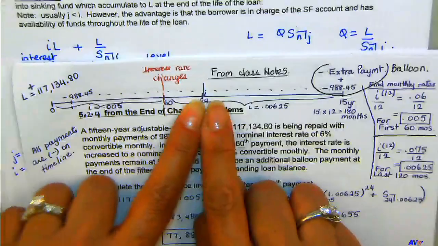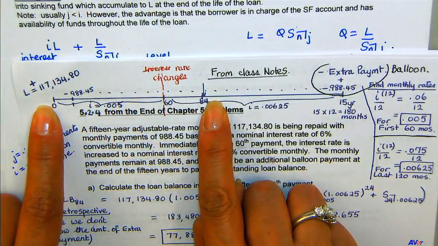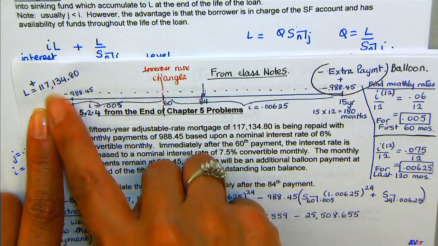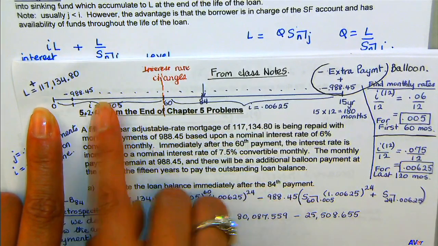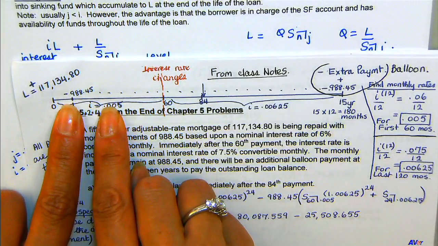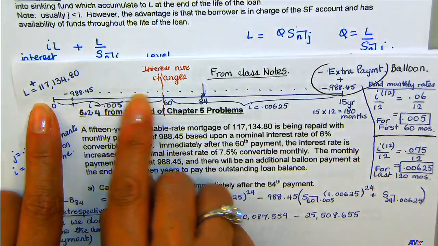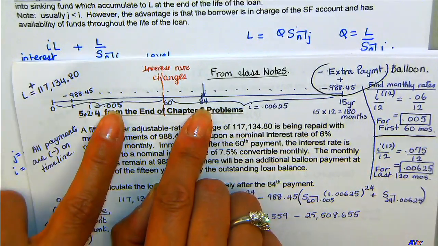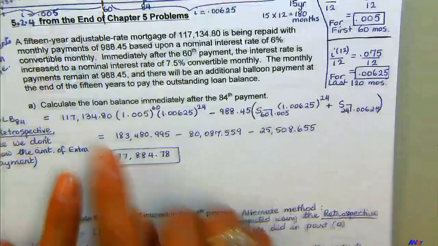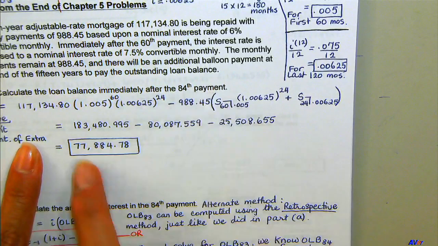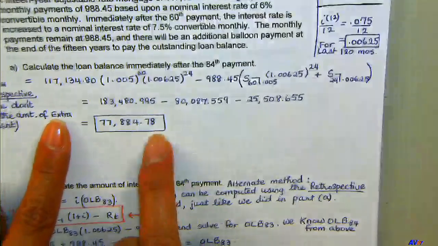So I would have to go backwards to the retrospective method, and take L and grow it all these years at 2 different interest rates because the interest rate changes here, minus the accumulated value of all the payments that have already been made. And again, I would be accumulating at 2 different interest rates. So that's what I did here. Assuming that I was able to do that, I got OLB 84 is equal to some amount.